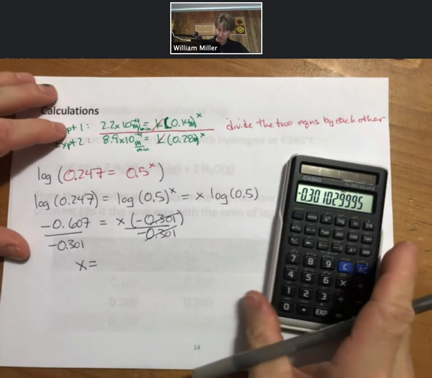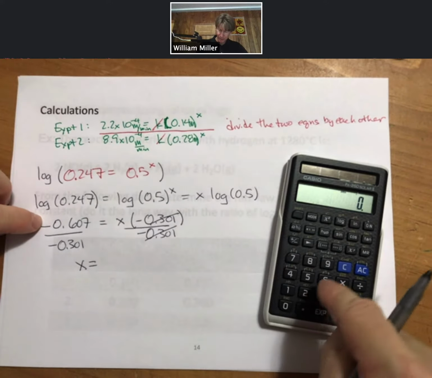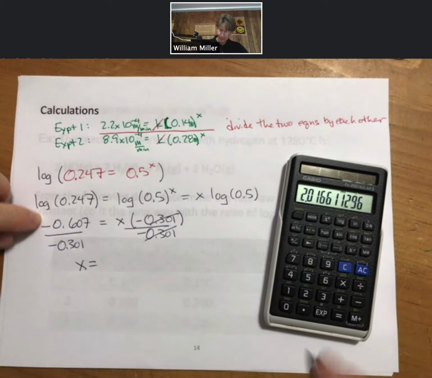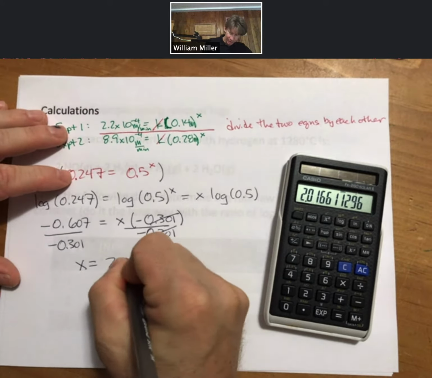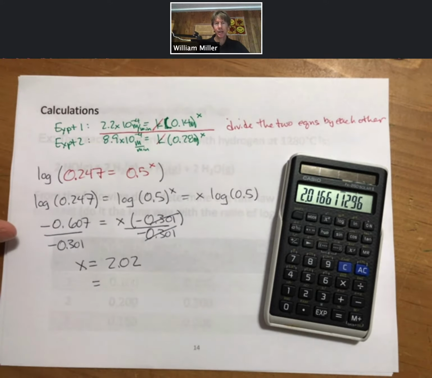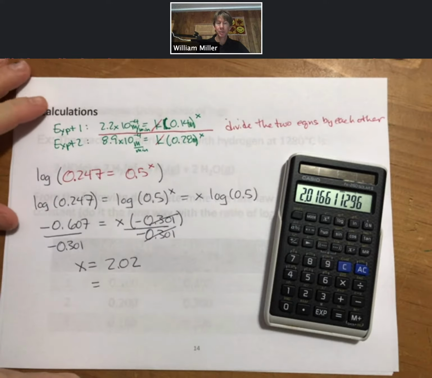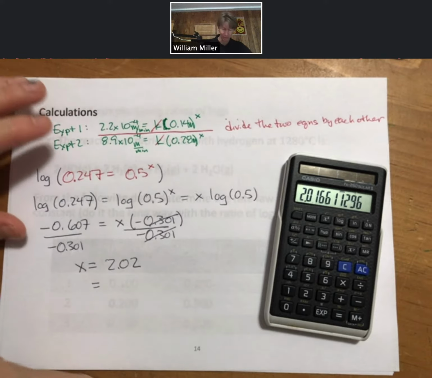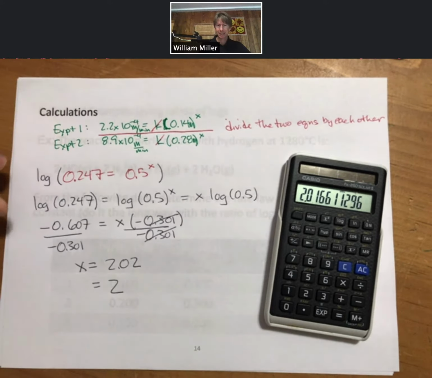And x equals 0.607 divided by 0.301, which is 2.02. And somewhat like empirical formula problems, these coefficients have to be small whole numbers or small ratios of whole numbers. So x equals 2.